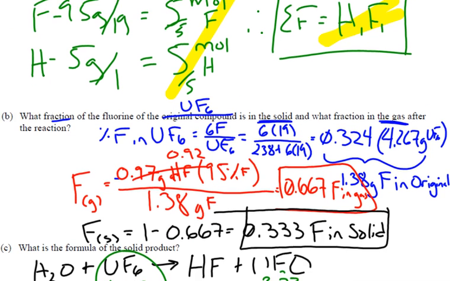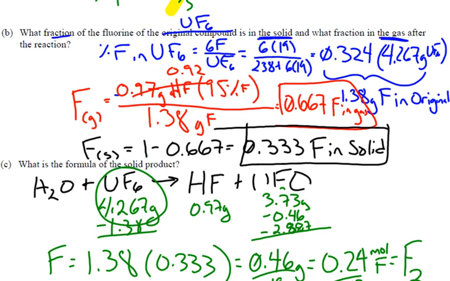Number B is worth 2 points as well. 1 point is awarded for determining the total amount of fluorine present, and 1 point for both fractions.